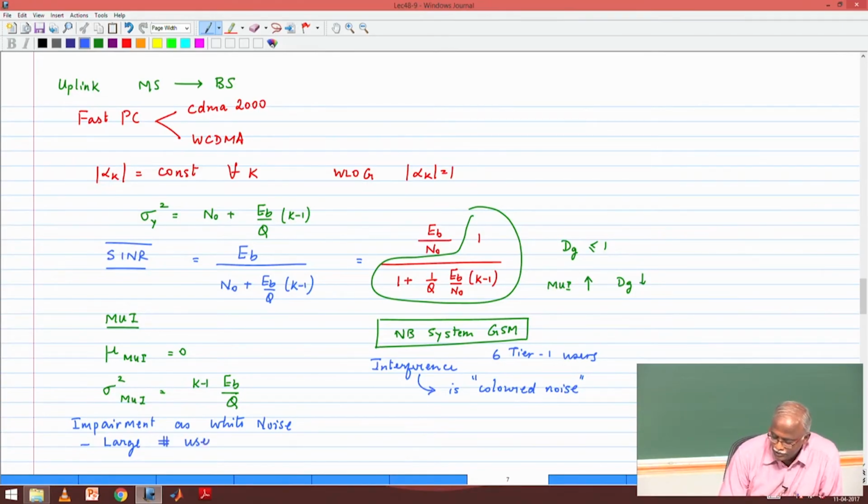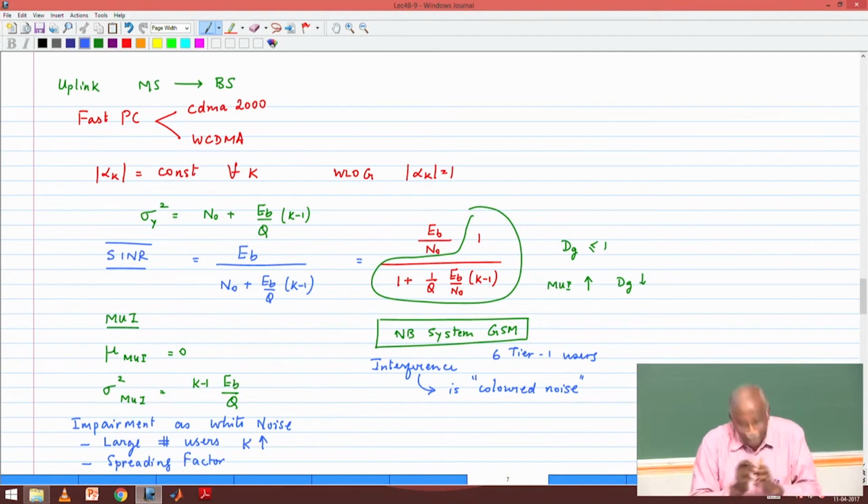Also, the spreading factor plays a role: the larger the spreading factor, the better. Now think very carefully.